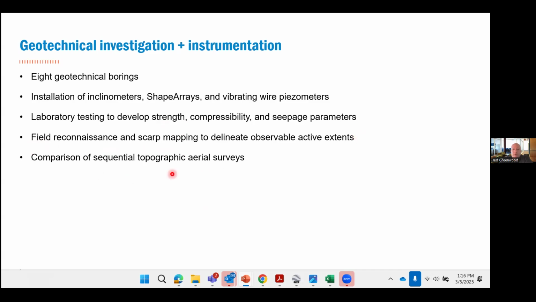And then there were subsequent topographic surveys that were done to see if from LiDAR data, we could determine the extent of the landslide as well. And that was met with limited success. I'd say somewhat inconclusive, but it was helpful in some areas.